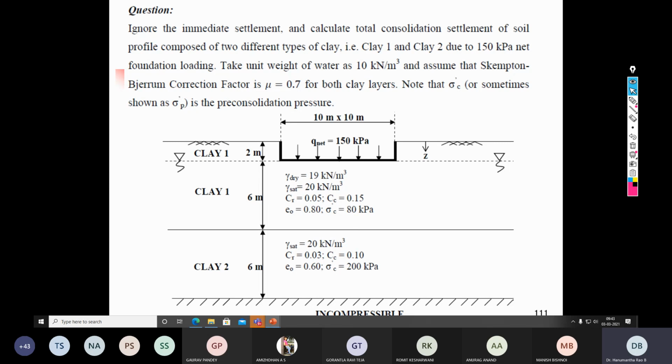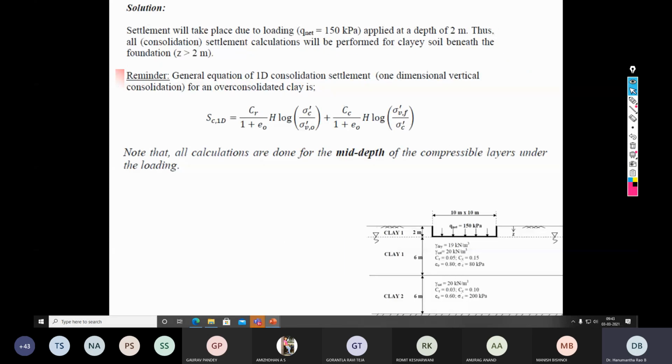when you talk about the consolidation settlement. So this is the equation. There are two varieties of equations that I have shown in one of the previous classes. One is for normally consolidated soil, and the next is for over consolidated soil. In this sum, you have been given both recompression index and compression index and sigma C also.